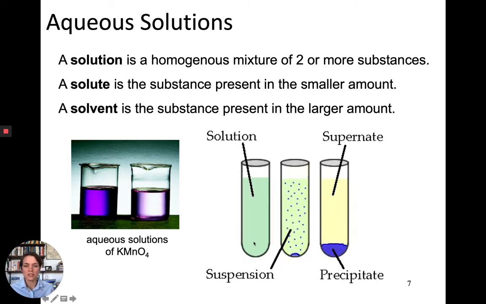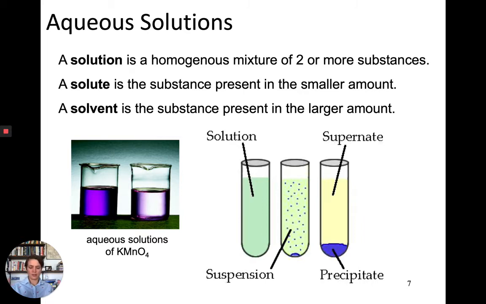So solutions are homogeneous. A suspension is when you start to see particulate come out. You can think of that with, what's a good example? Oh, with our arsenic lab. So silver arsenate.